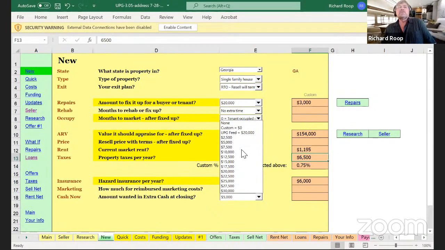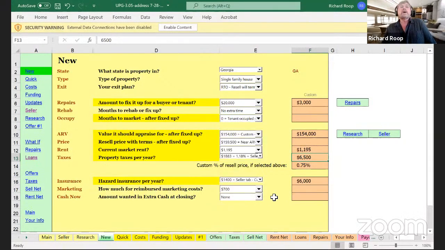On a subject to deal, you can't really do that. So right now we're going to put none. And reimbursement from your marketing. Again, whatever money you spent to get this deal, we want to get that back out of the deal when we buy it.